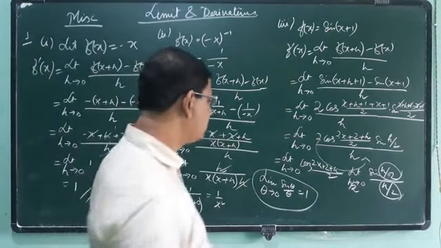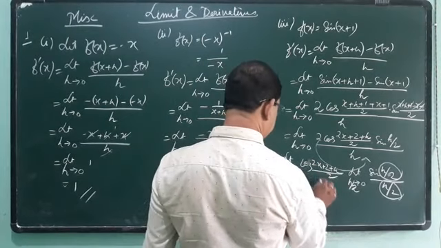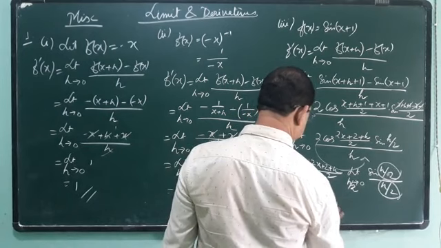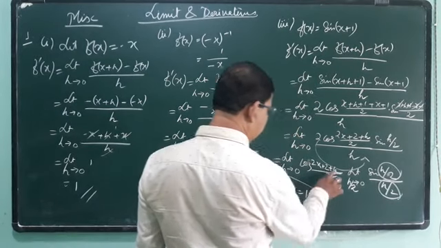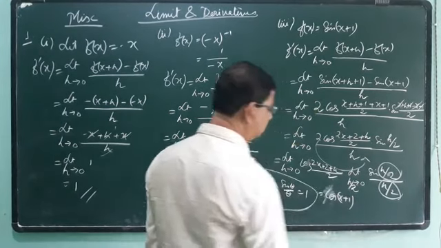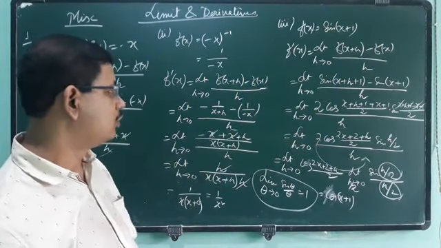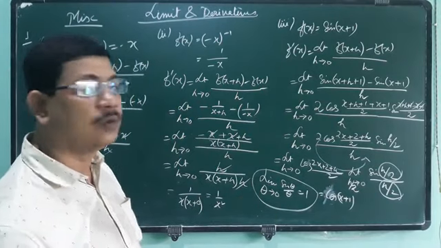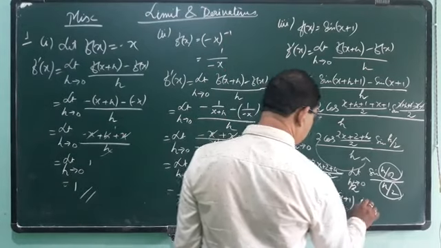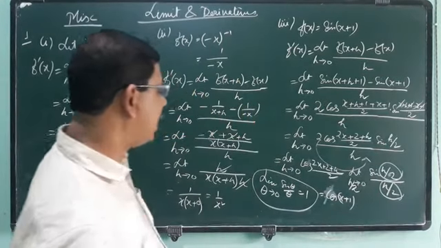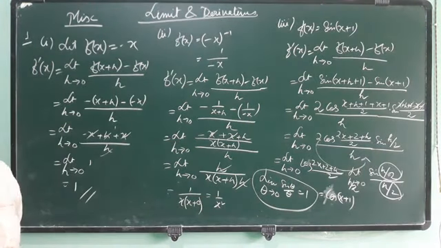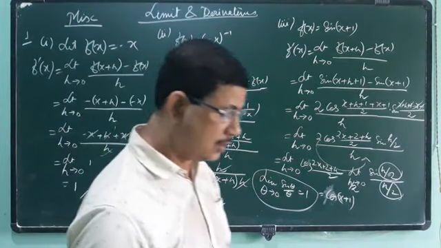Now if we put h as 0, we get cos(x plus 1) only. And this one, according to that formula, is 1. So sin(x plus 1), if we differentiate using first principle, its value will be cos(x plus 1).